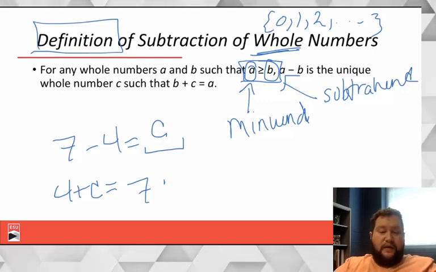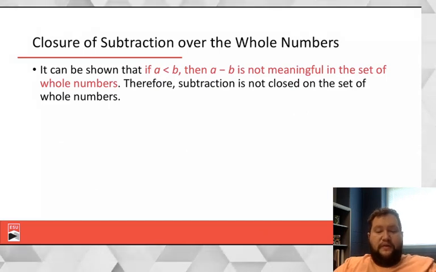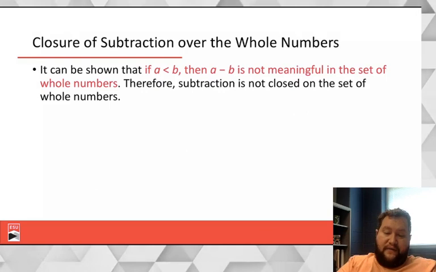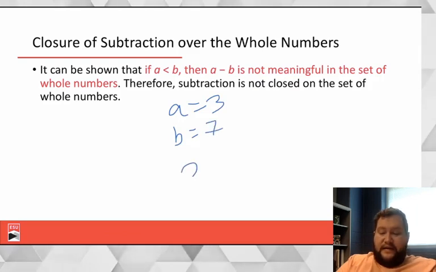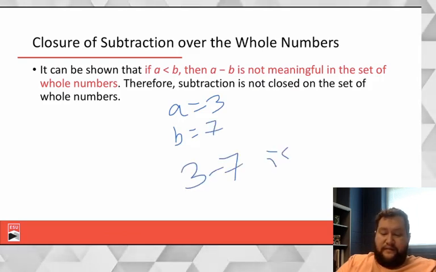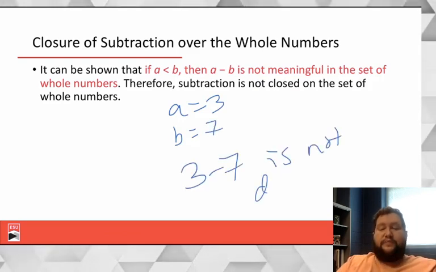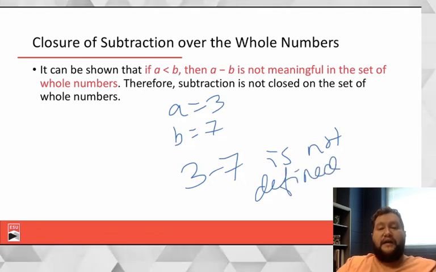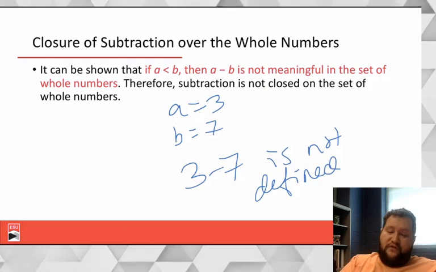And so it says it can be shown that if a is less than b, so that is if a is 3 and b is 7, 3 minus 7 is not defined on the whole numbers. And whenever you apply an operation and you don't get a whole number back, we have this notion of closure.